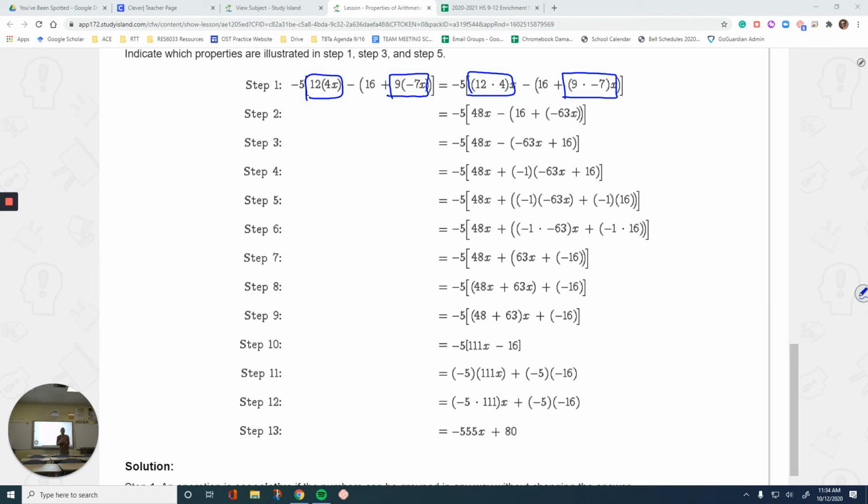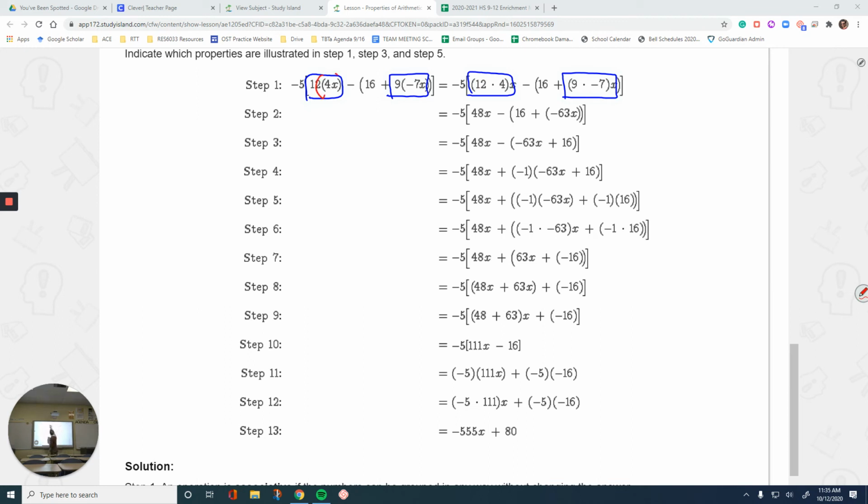Now let's check the order of the terms, because if we change the order of the numbers or terms, then it's likely going to be commutative property, because that's where the terms commute, where they are switched around. 12, 4x, 12, 4x, 9, negative 7x, 9, negative 7x. So the order of the terms is the same, but the difference is the parentheses.